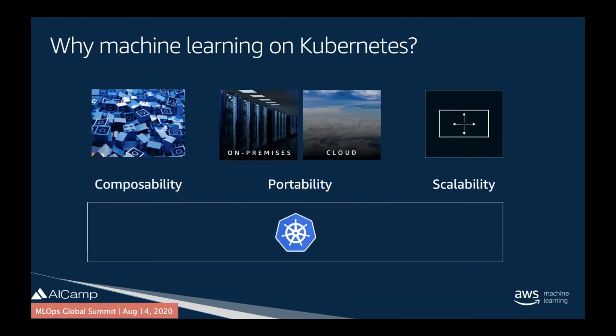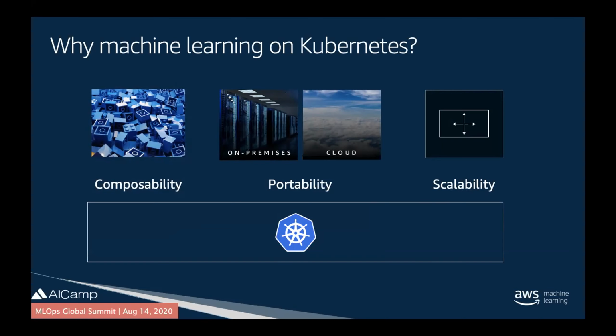Then second, why are we thinking about and discussing running machine learning on Kubernetes? There are probably a couple of good reasons. For example, your company might already have standardized on Kubernetes for application development and rollout, or you're looking for a way to build a machine learning platform, maybe containerized, and you've decided to go with Kubernetes.